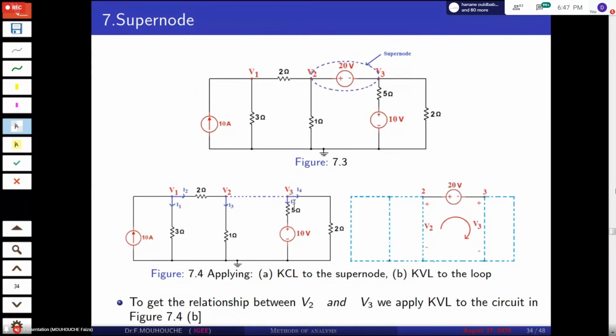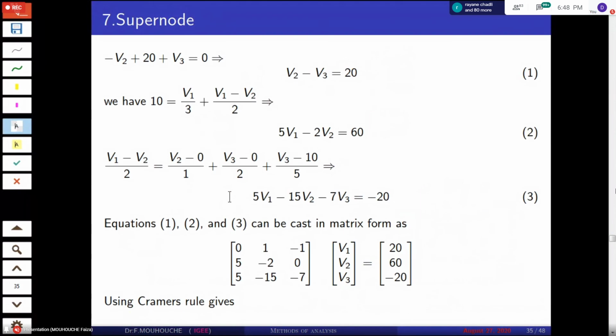Then (V3 minus 10) over 5. Look here, we delete the voltage source and the circuit remains as the previous. So we have this equation, we simplify it, and we will get this equation.